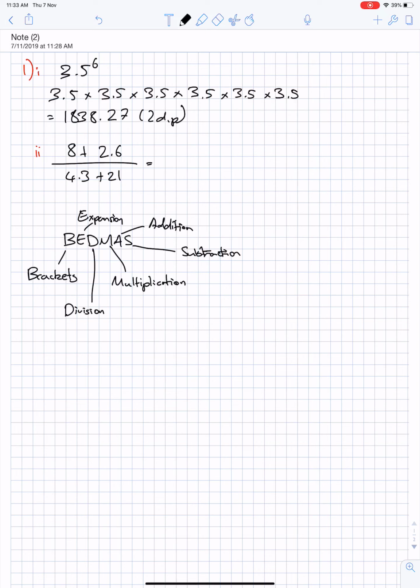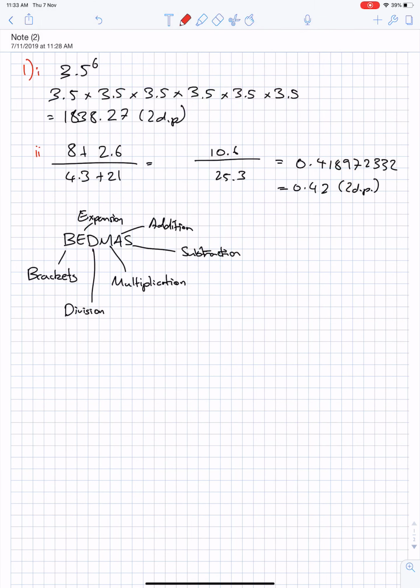Oh, in this case you won't even need it. So you can just simplify it. So 8 plus 2.6 is 10.6 plus 25.3... no, 10.6 divided by 25.3 on the calculator, which is 0.4189723332, which equals 0.42 to 2 decimal places.